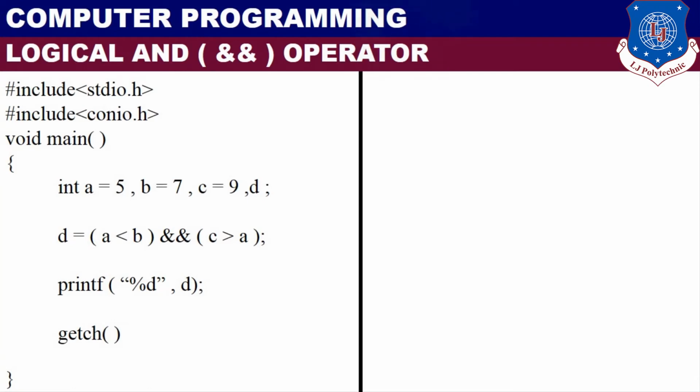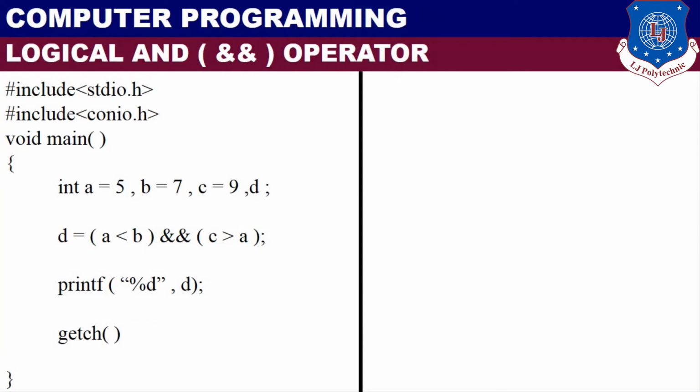My expression for this logical operator is d equals a less than b, logical AND c greater than a. Here both my conditions must be true, then the answer will be true, otherwise the answer will be false. Whatever the answer is will be stored in d, and we print it with printf %d, d.